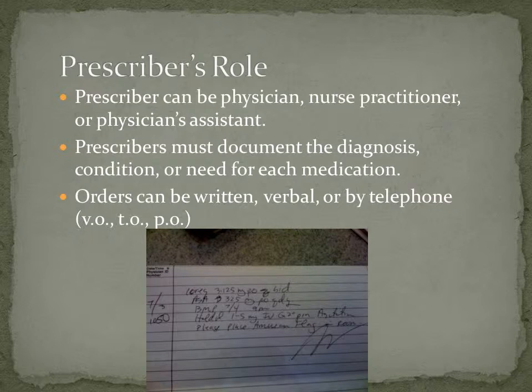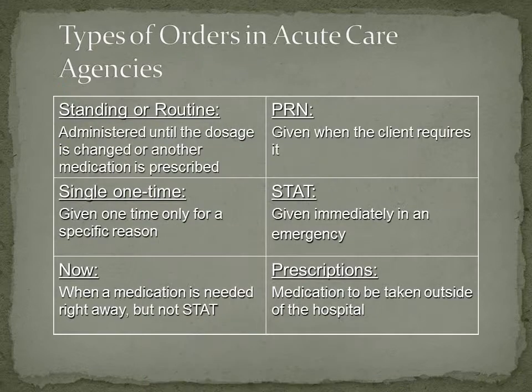If you look at Table 31.7, a list of common abbreviations used that lead to medication errors are listed along with recommended language. These are the types of orders that you may have in acute care agencies.